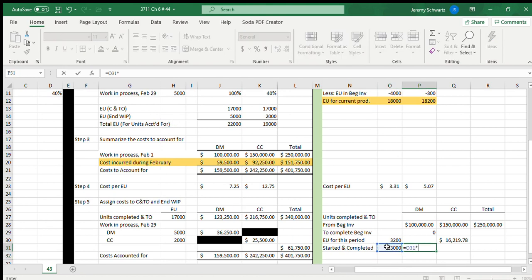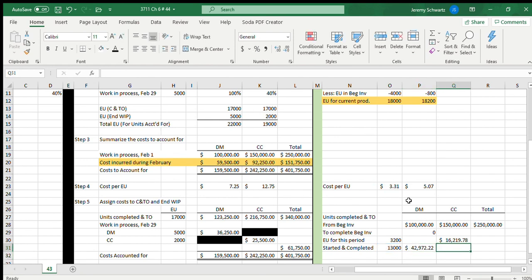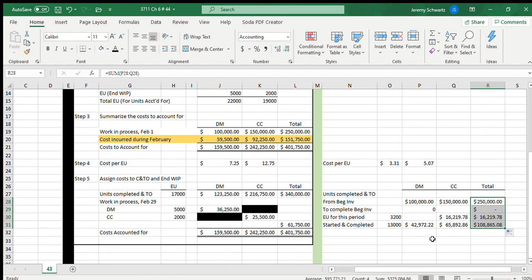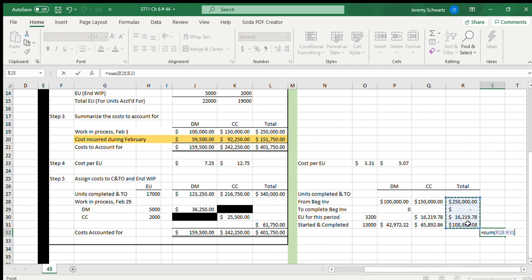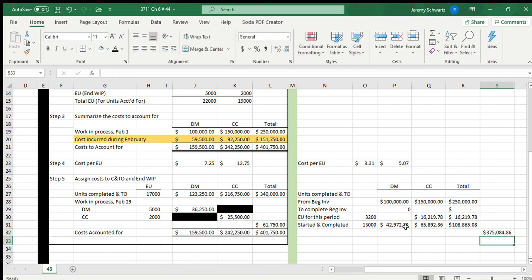Take this 13,000, multiply by 331 for direct materials, and take the 13,000 and multiply by 507 for conversion costs. So that when we take the total completed and transferred out, we'll see that number is 375,084.86.